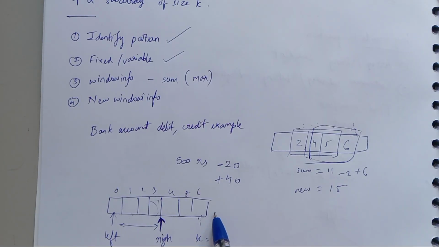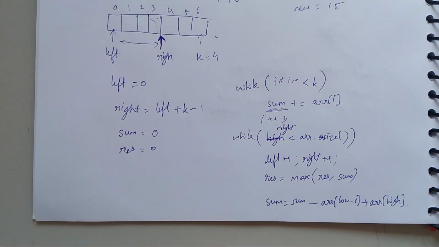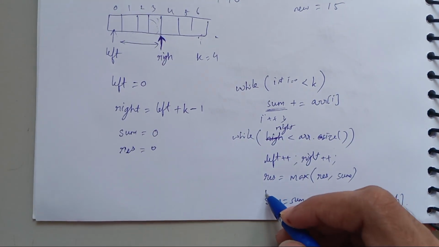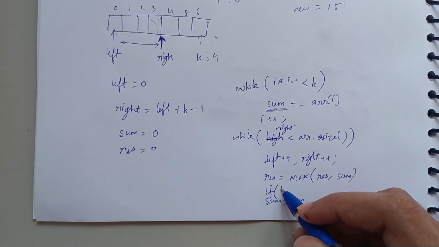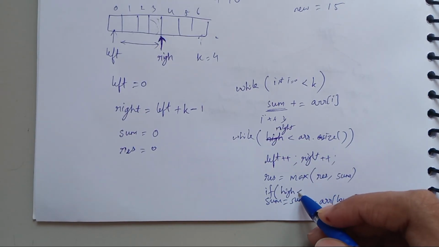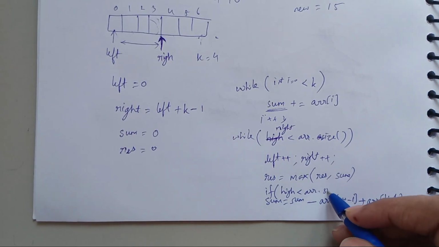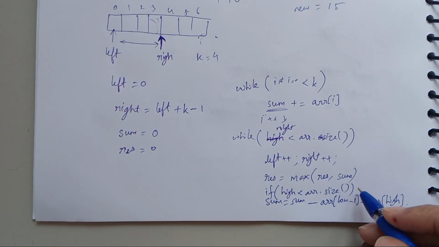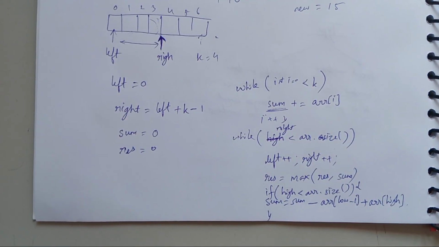So we need to check a condition. Only if high, the right pointer, is less than arr dot size, then we do this step, and at the end we return the result. So that's it. Thank you.